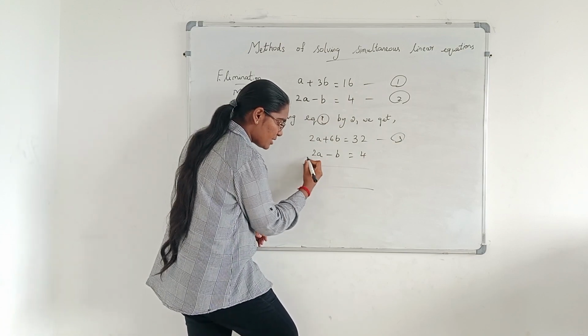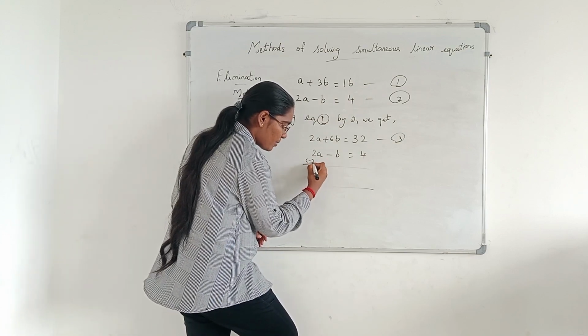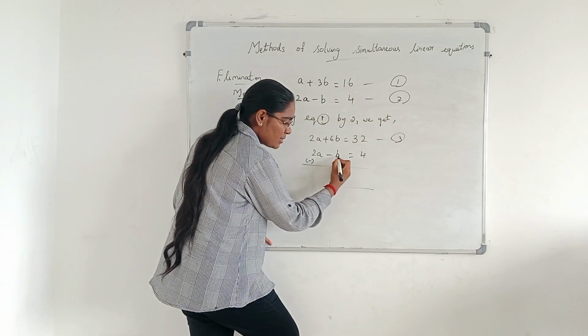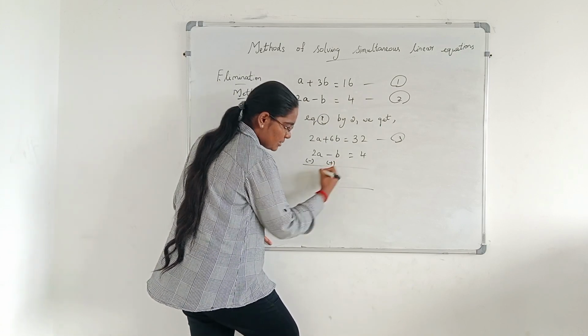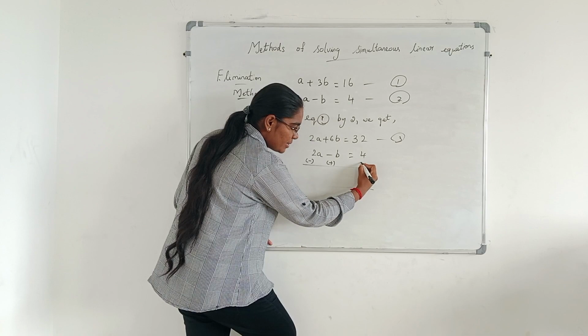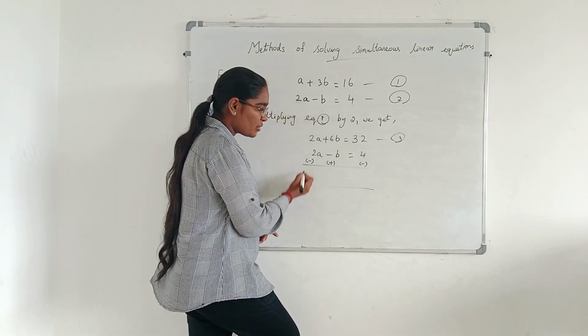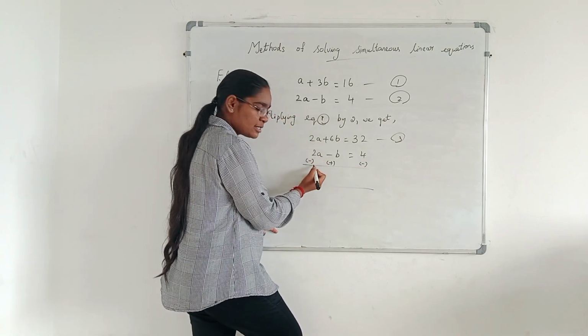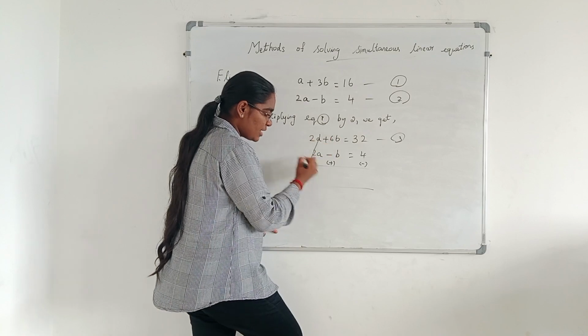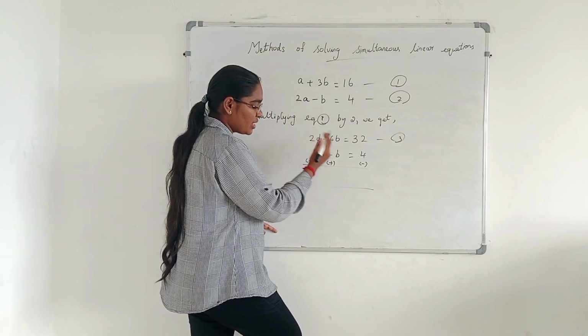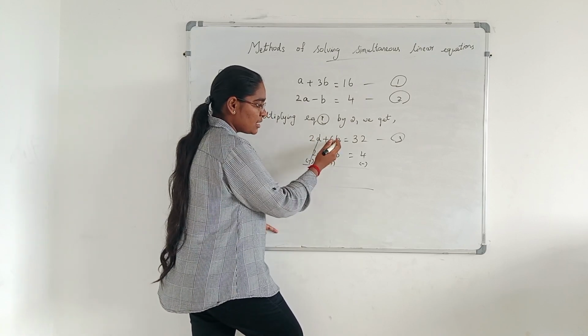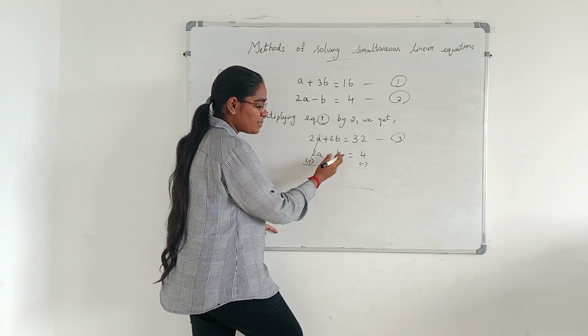If this term is plus, here it becomes minus. This term is minus, here it becomes plus. This term is plus, here minus. So this is plus 2A, this is minus 2A, so obviously it will get eliminated.